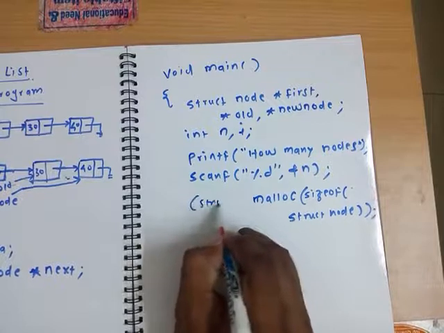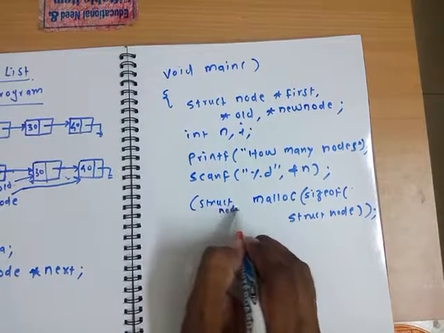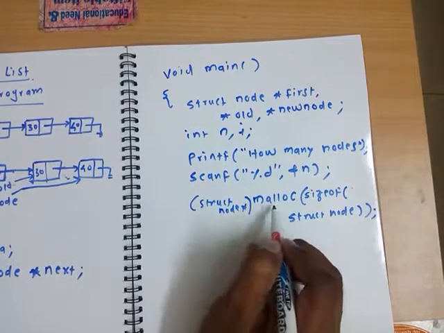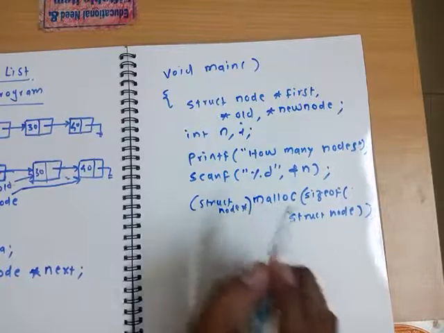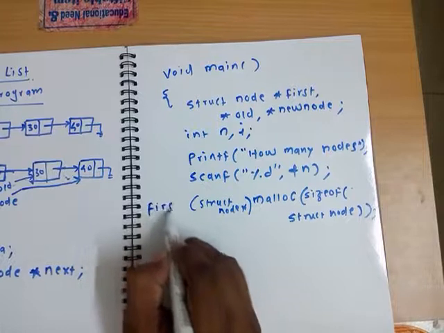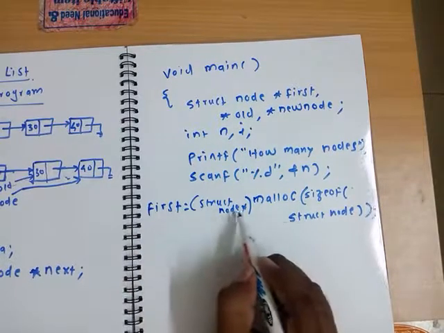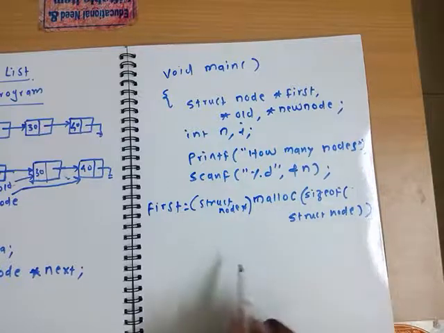So struct node star. malloc returns a void pointer, we convert that pointer into a struct node type pointer. Now we'll point a pointer there, first pointer, right? So first is equal to struct node star malloc sizeof struct node, right?